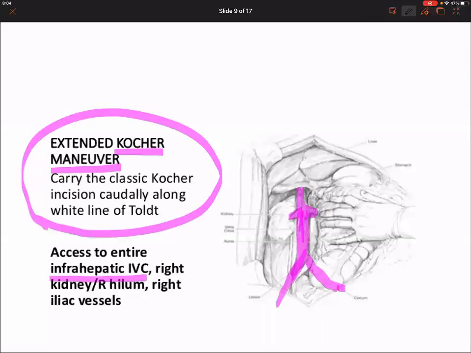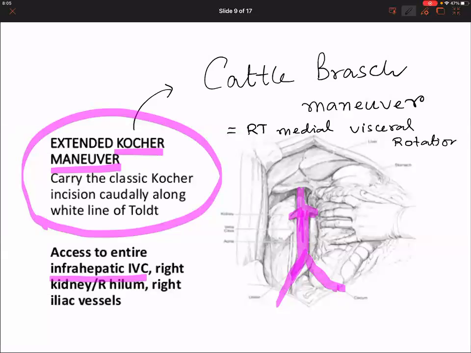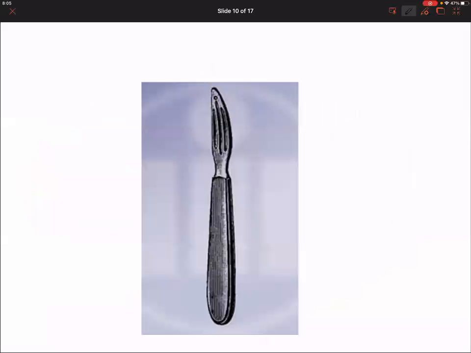It is also called the Cattell-Braasch maneuver, which is equal to right medial visceral rotation. Which structure is exposed? The infrahepatic IVC.